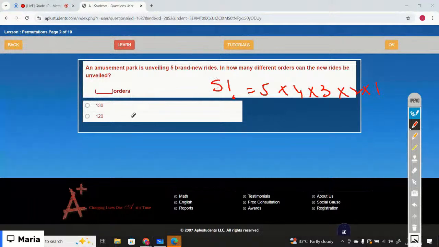The correct option is 120. Option number 2 is the correct option, right?